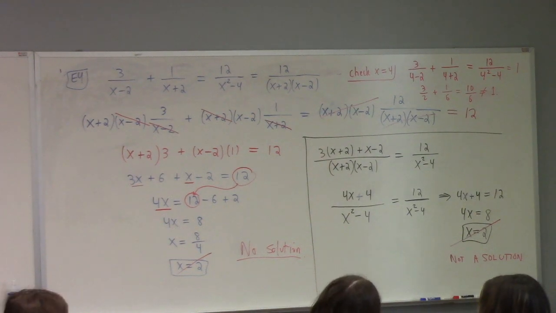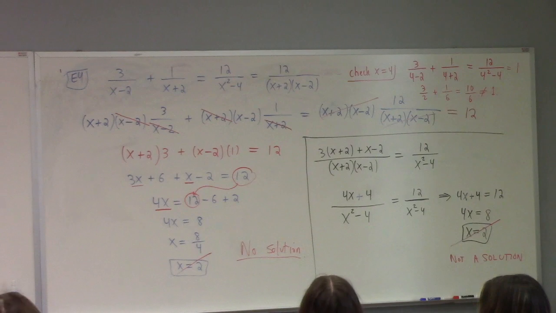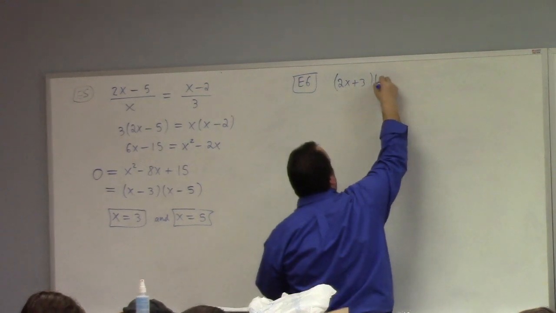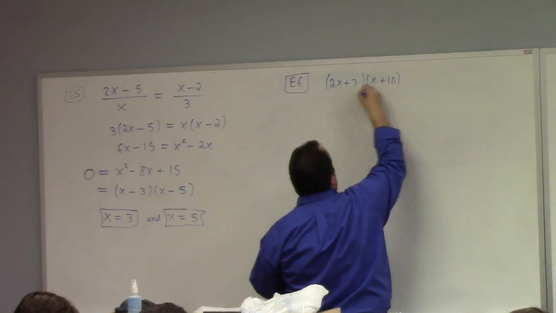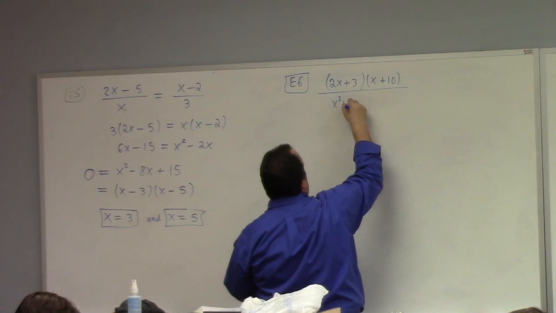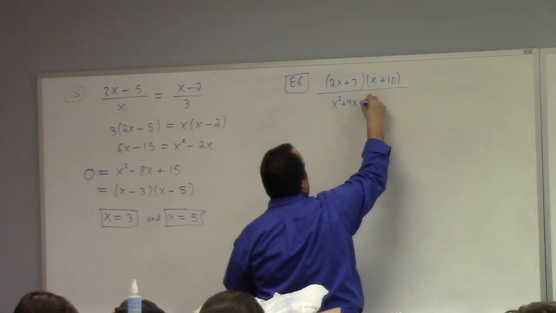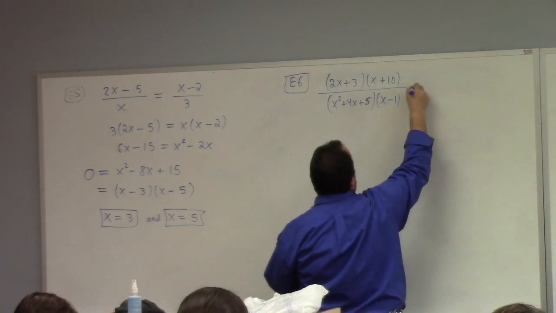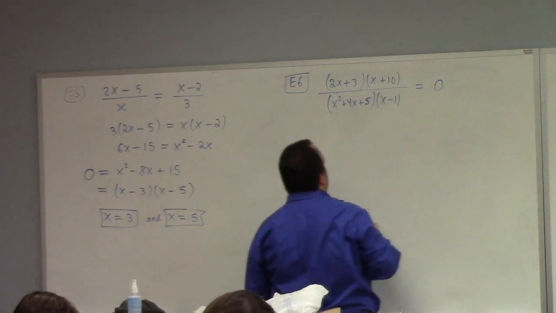Okay, so here's one. Let's see here. 2x plus 3 times x plus 10, divided by x squared plus 4x plus 5, times x minus 1, equals 0.